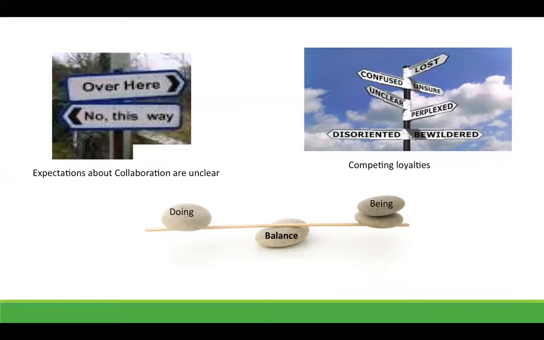And so many times people just focus on the do, and agencies just focus on the do, and they don't focus on how exactly we are going to be in this relationship. What are the expectations? What is our purpose? How do we want to share information? How do we want to share resources?